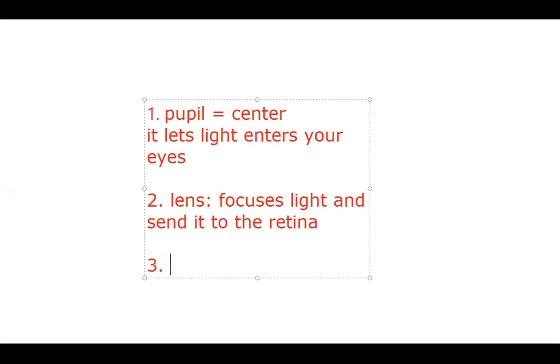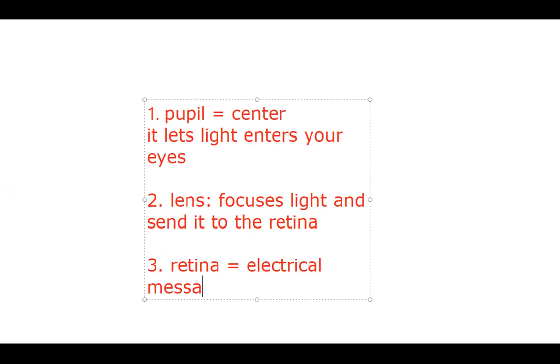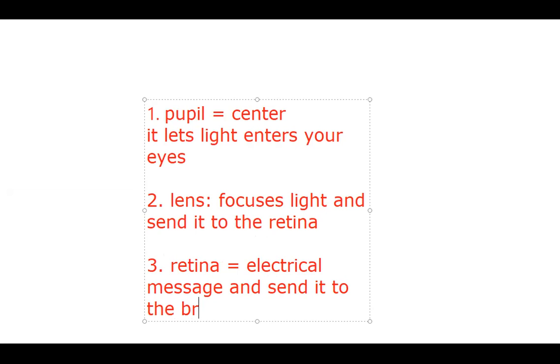The retina changes this light into an electrical message, and this message travels to the brain through the optic nerve.